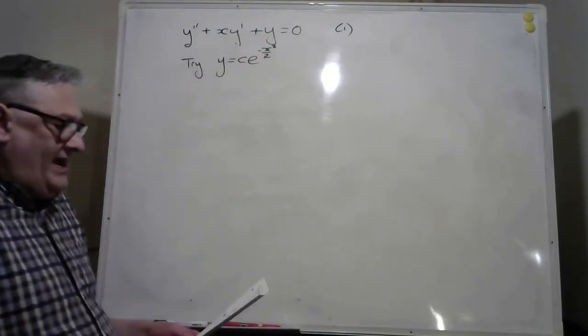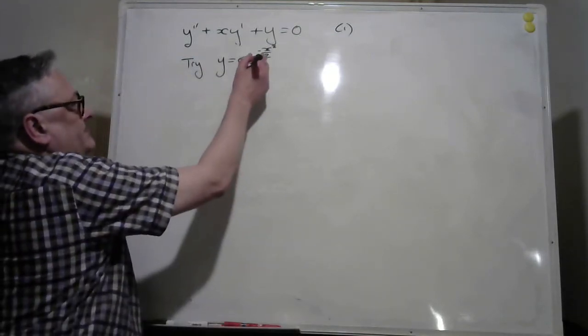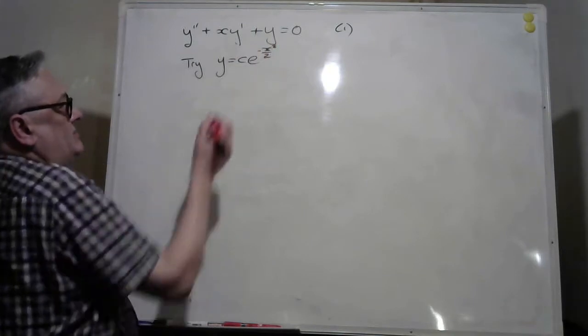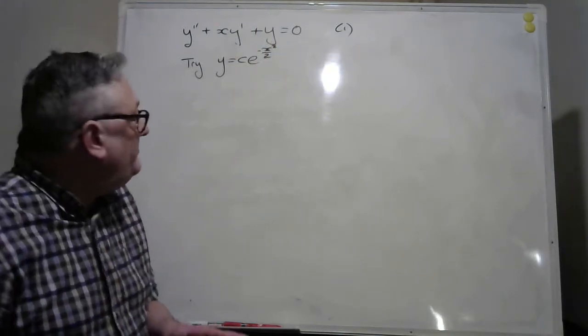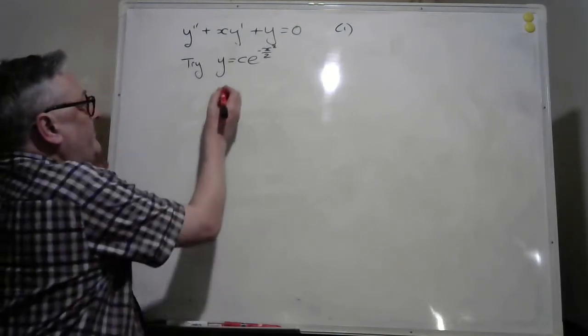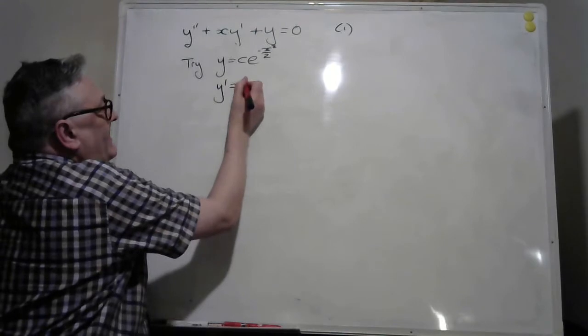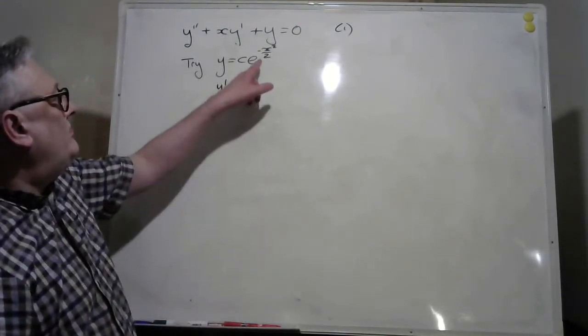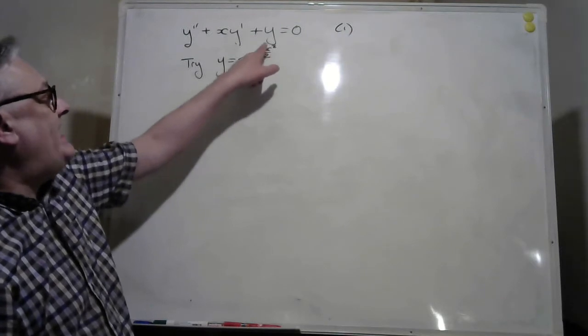Right, so okay, we've got y equals ce to the minus x squared over 2. Hopefully you should realise that the derivative of this, y prime, is equal to, well, first of all, you have to differentiate this index.